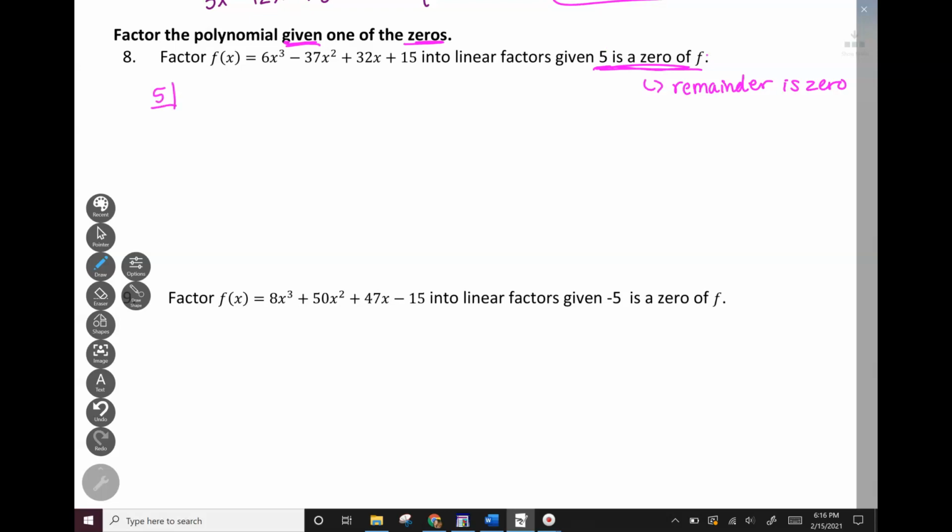So again, if 5 is a 0, then x minus 5 is a factor, and when we do synthetic division, our remainder is going to be 0. All right, so we've got 5 and we're putting in our coefficients.